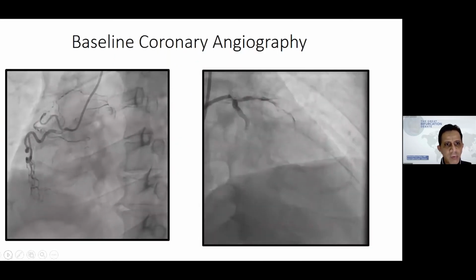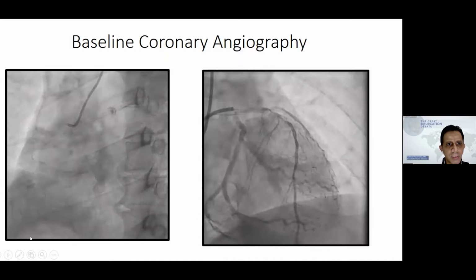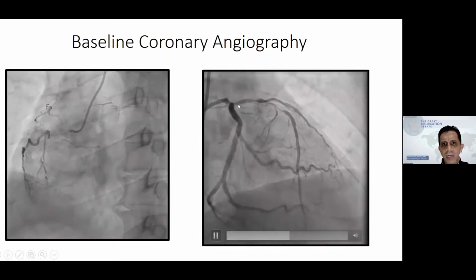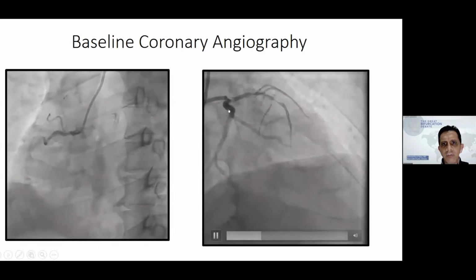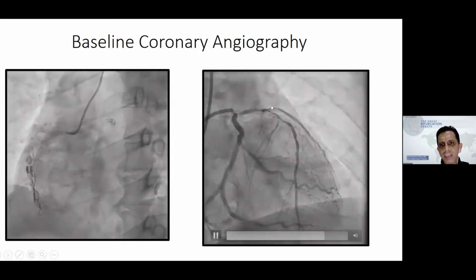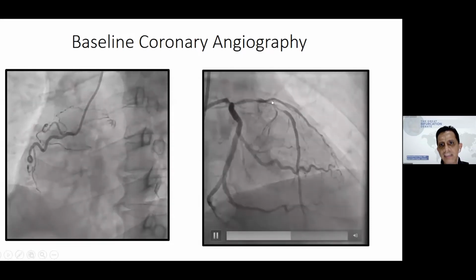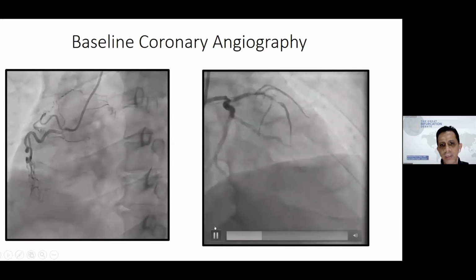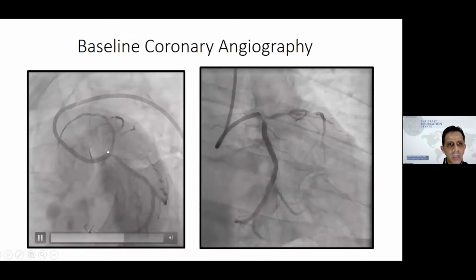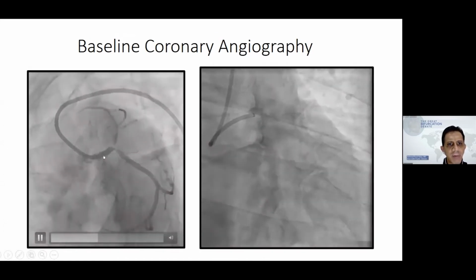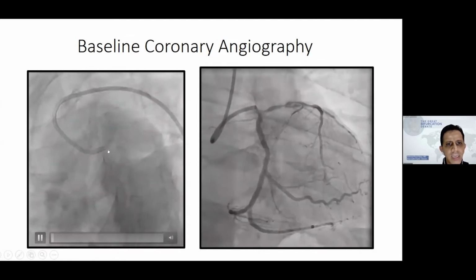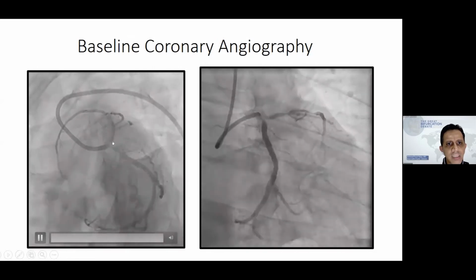This is at the time he came to our hospital, and this is a left dominant system. You can appreciate here there is a very tight stenosis at the left main, and there is as well severe stenosis exactly at the distal stent edge. This is the caudal view, looking through the left main bifurcation involving the ostial LAD and ostial circumflex.